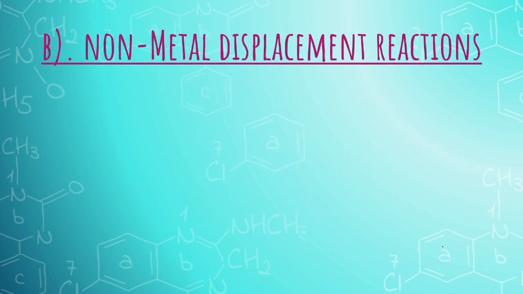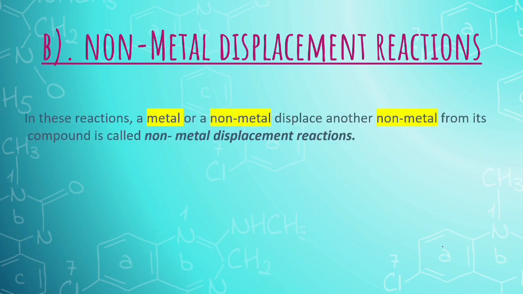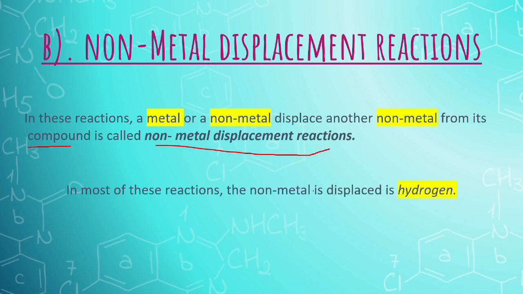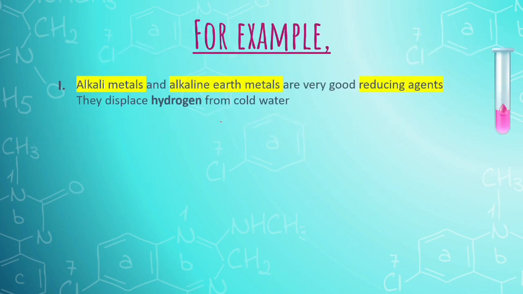Now non-metal displacement reactions. In these reactions, a metal or a non-metal displaces another non-metal from its compound. The non-metal mostly displaced is hydrogen. For example, in the first case, alkali metals and alkaline earth metals are very good reducing agents. They displace hydrogen from cold water.